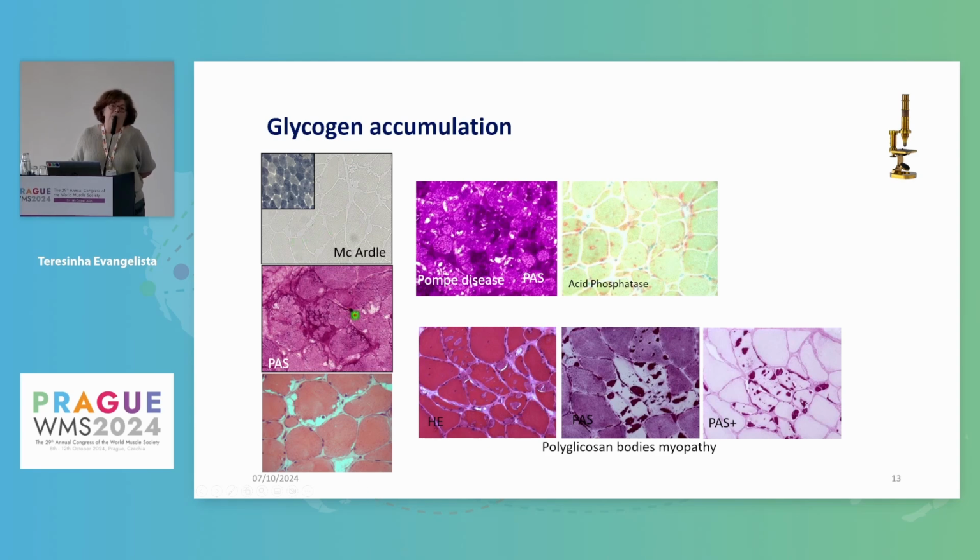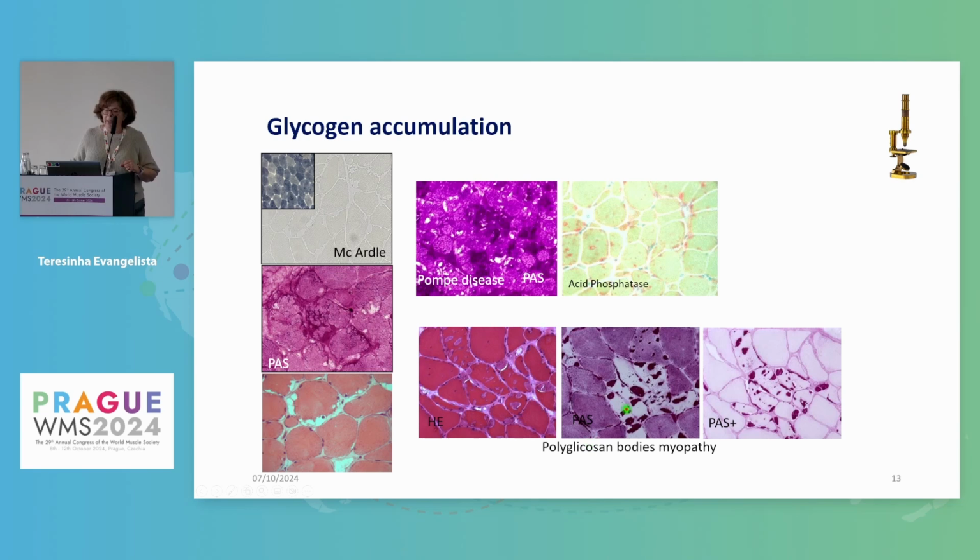So here we make the diagnosis: this is McArdle's disease. Then for Pompe disease, you have the accumulation of glycogen, as I showed you in the picture before, and if you do acid phosphatase, you see that there is an increase in acid phosphatase. So there is an autophagic activity in this condition.